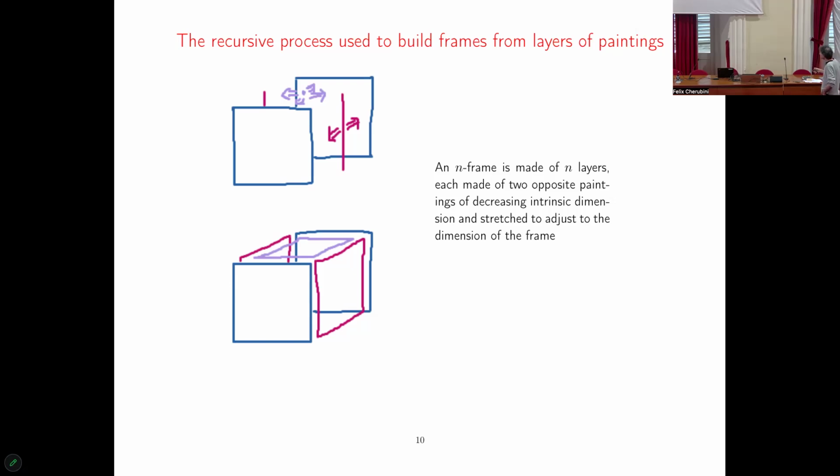We call them layers. The first layer is cubes in dimension n minus 1. Then we complete with a line which is stretched to fill, because what we need is to complete this on the inside. So we take a line which is stretched, and then it remains to cover, and the cover is just a cube of dimension 0 that we stretch.